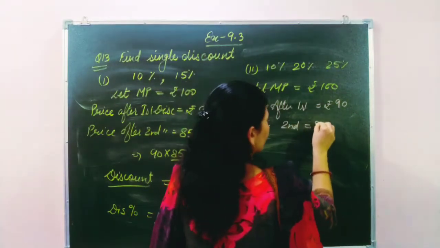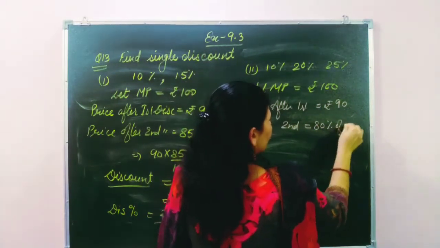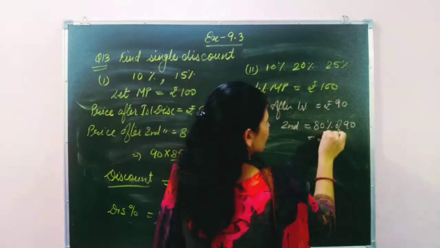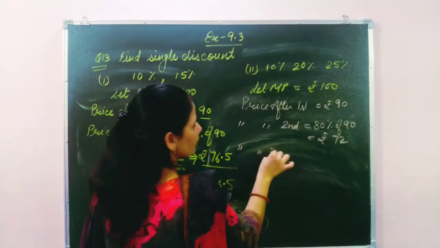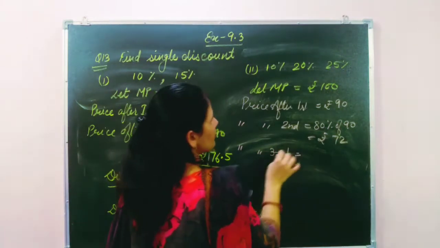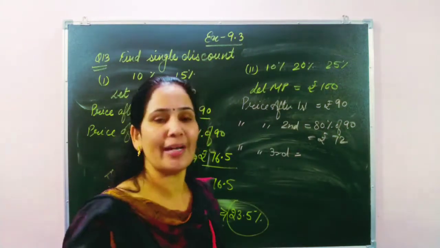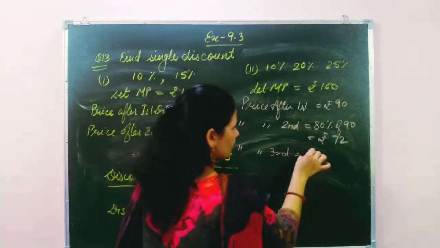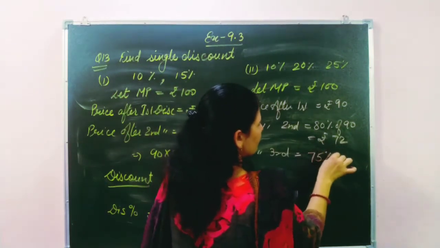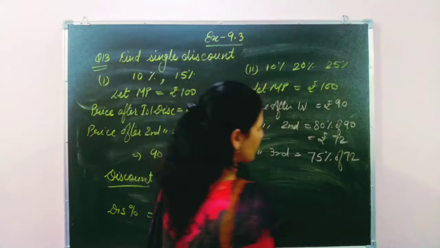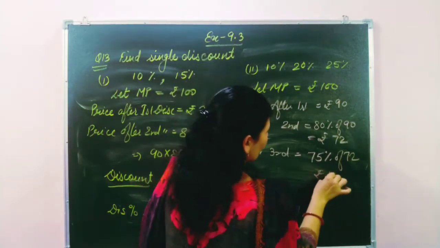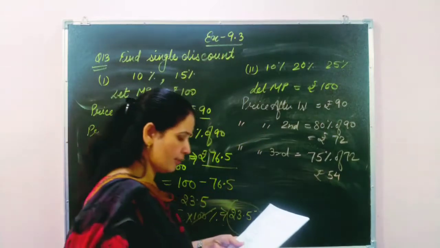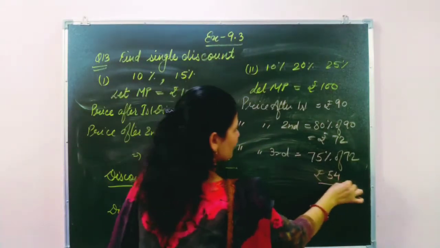So here we can write 80% of 90, that is rupees 72. Now price after third discount. Third discount is 25, 100 minus 25, 75%. So we can write here 75% of 72. 75% of 72 is rupees 54. So the final price is 54.